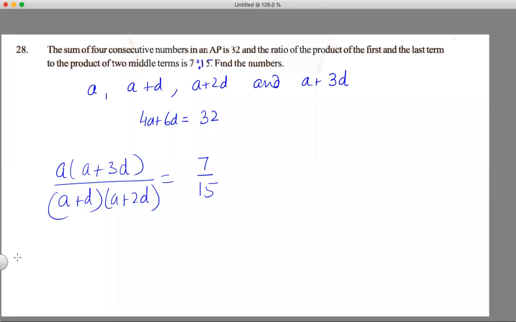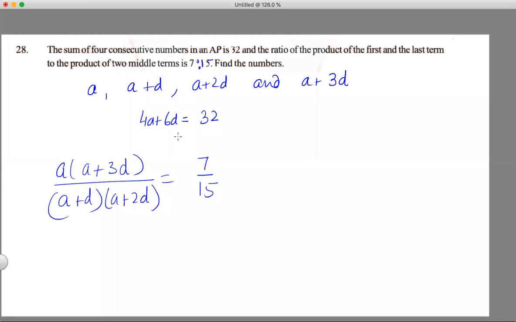We will do the cross multiplication and we can solve this. So हमारे पास दो इक्वेशंस आ जाएंगे. ये तो इस तरीके से हम कर ही सकते हैं. This is straightforward.